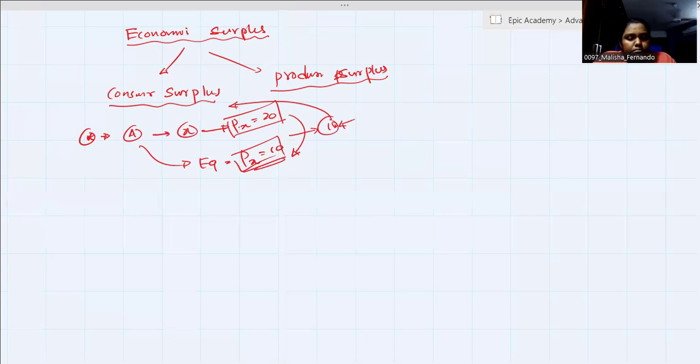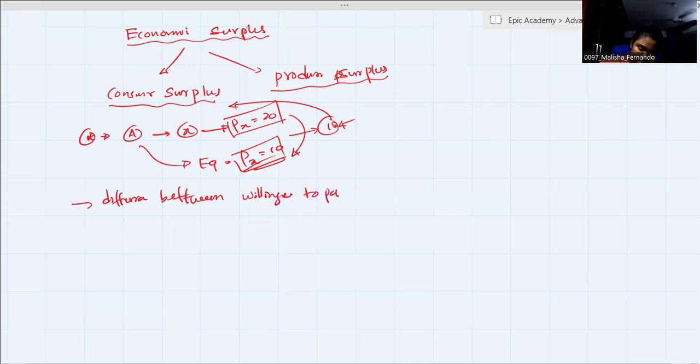The difference between what the consumer is willing to pay for a good or service and the actual pay, what they actually have to pay.